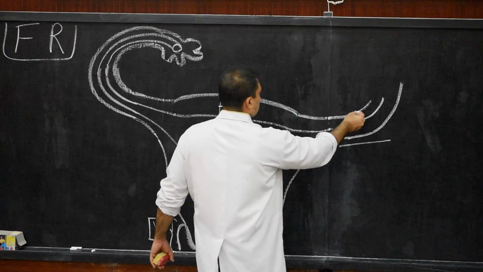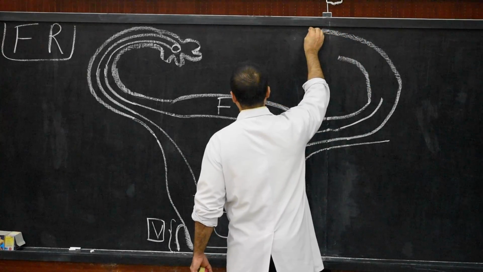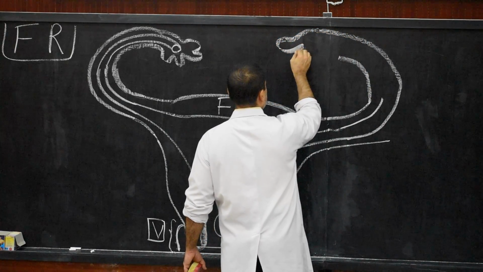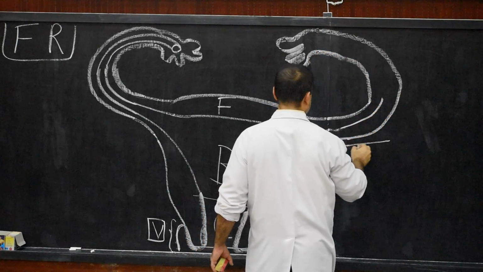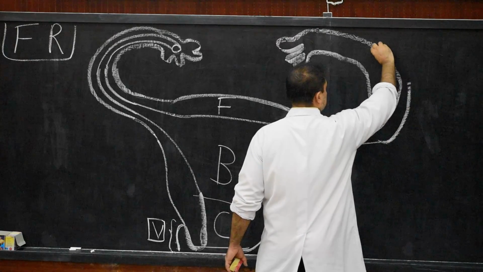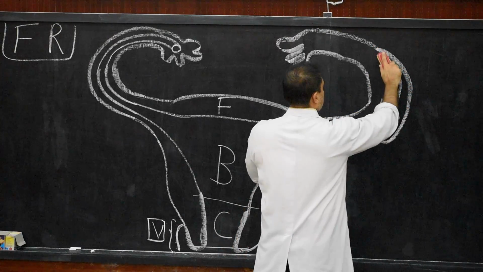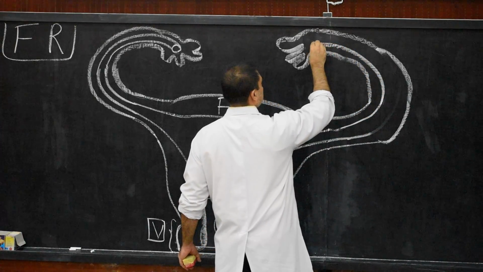Similarly over here we need to show this tube will have a fimbriated end, and also we connect this layer first and we show the inside of the tube.